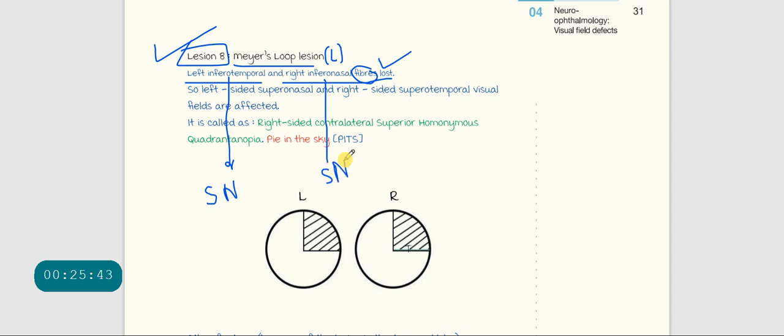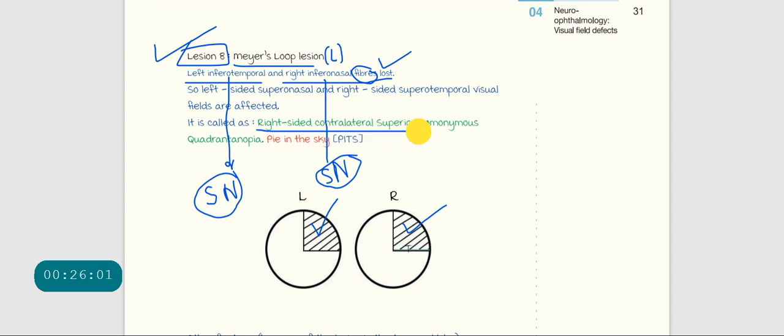And this condition is known as right-sided contralateral superior homonymous quadrantanopia, or known as pie in the sky.